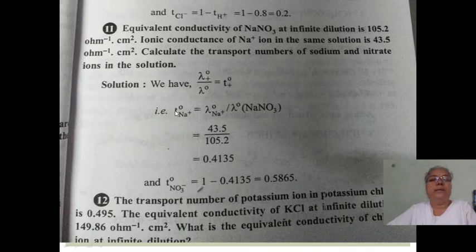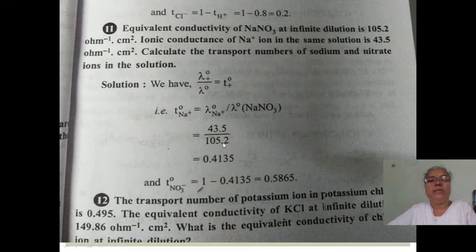That is, the transport number of Na plus ion is equal to ionic conductivity of Na plus ion divided by the ionic conductivity of this electrolyte, that is NaNO3, and these two values are given.